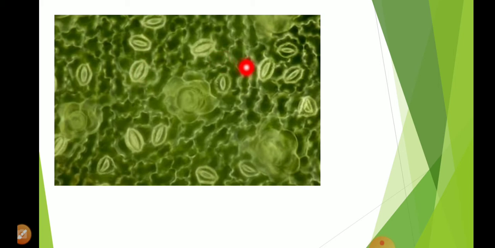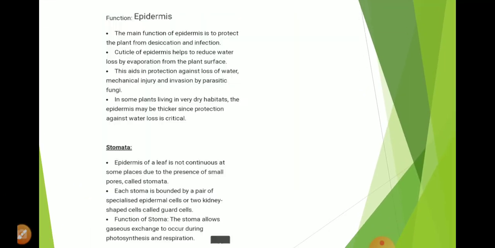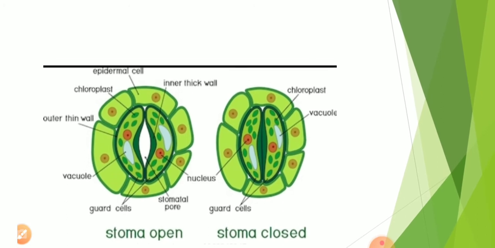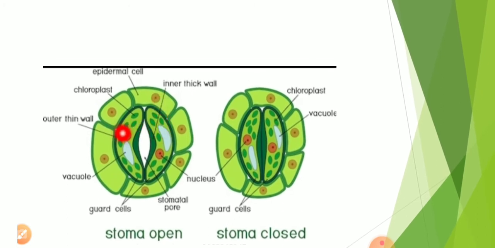All these are the stomata, and they look like bean shaped or kidney shaped structures. In the clearer picture, these are the two guard cells, and the guard cells are surrounded by these structures that we call the subsidiary cells, and this one is called the opening pore or stomatal pore. In this picture you can see the stomata is open, but here the stomata is closed.